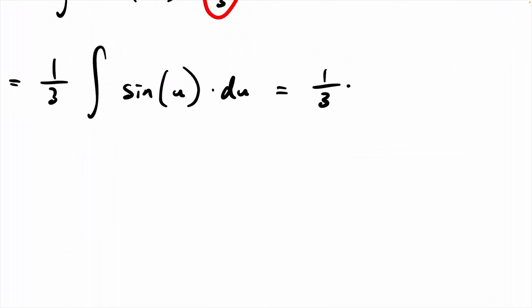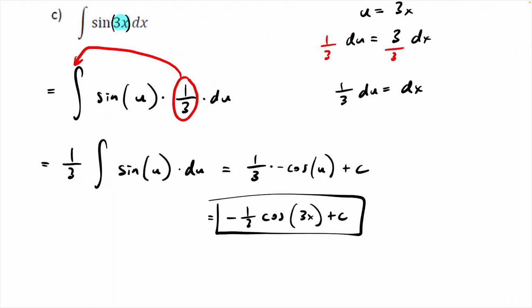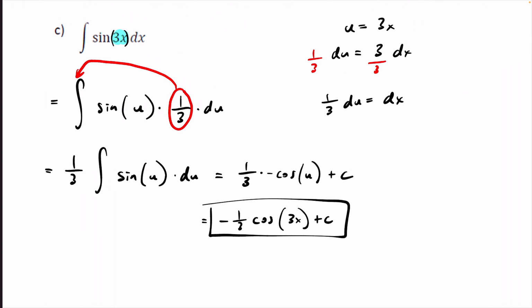Negative cosine, good. Negative cosine of u plus c. So -1 times 1/3 is -1/3. Bring u back in, and you're done. It's not that much different.